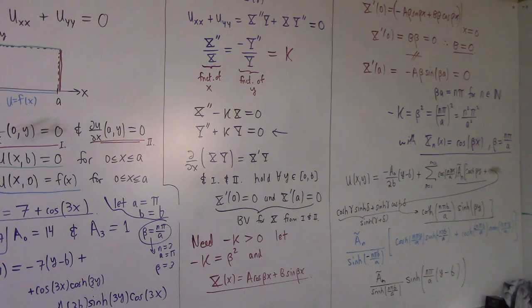So what did you say n pi b over a was? A is 3b. 3b, yeah, it's sinh of 3b, and then times the sinh of 3 times y minus b, right? Times the cosine of 3x. I mean, clearly his solution is prettier than mine. So sad.